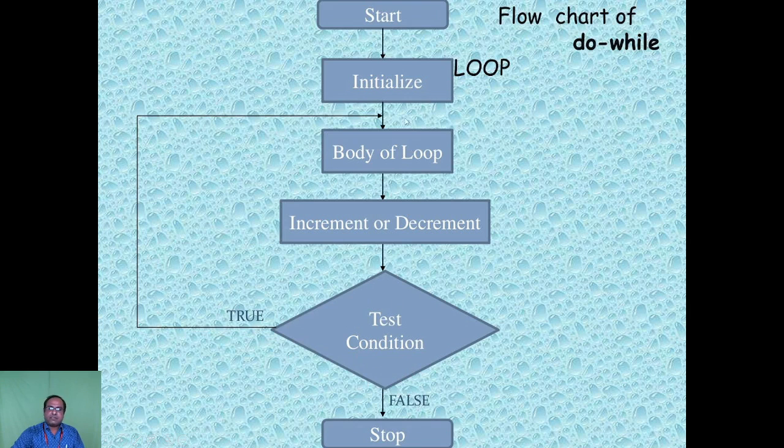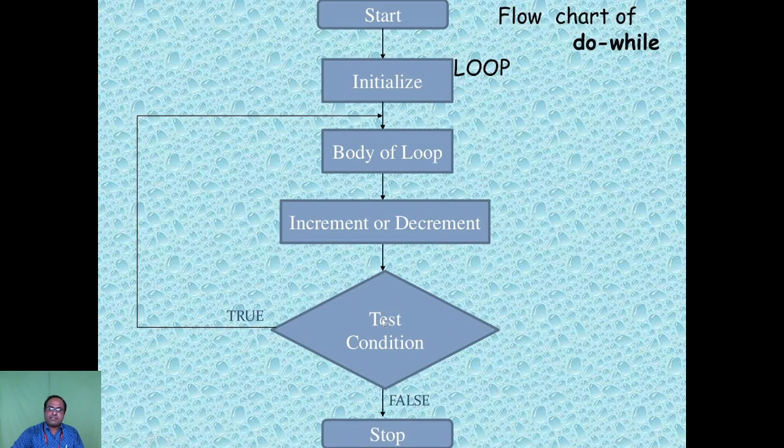First the value will be initialized, which is called the starting point of the loop. Then the body of the loop is executed, then the increment or decrement happens, and finally the test condition is evaluated.